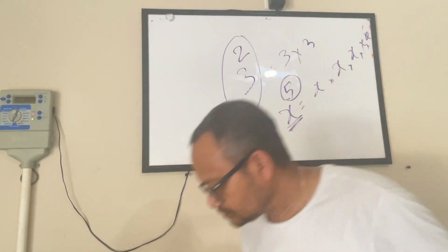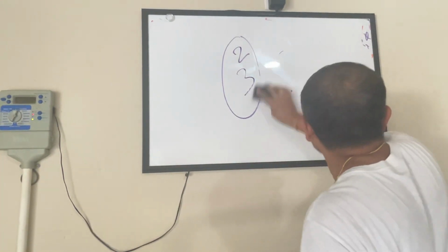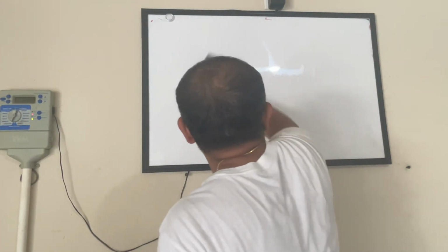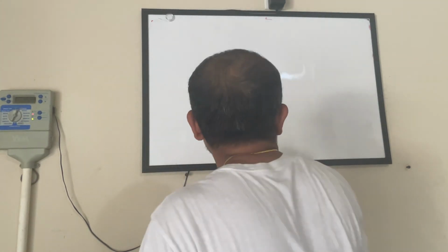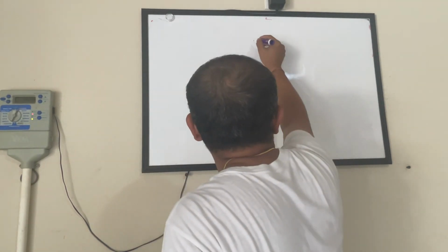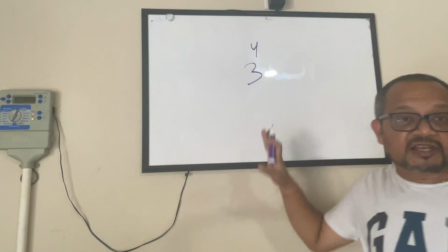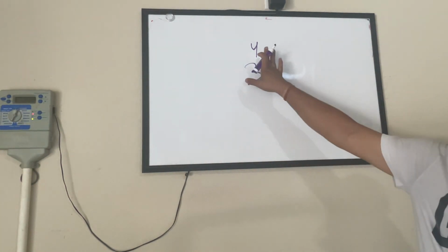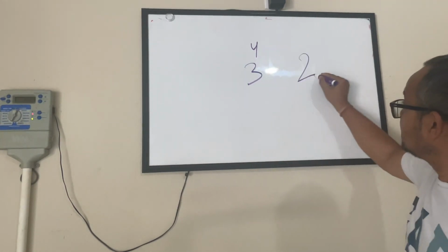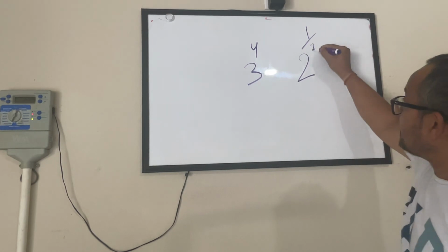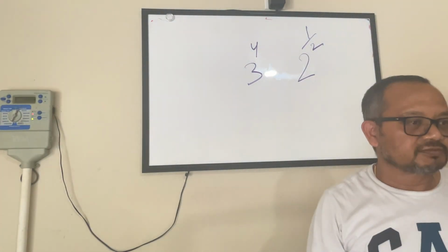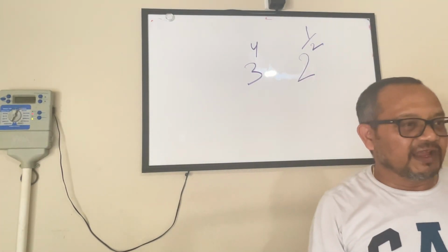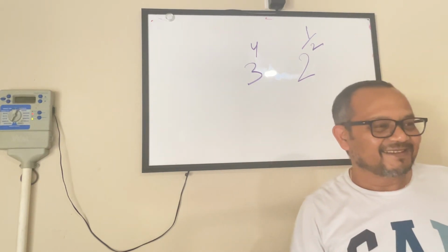So, this is one exponent, 3 to the power 4. Now, 2 to the power 1 by 2. Life gets more interesting. Yeah?